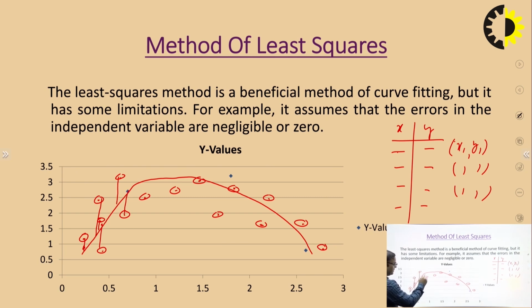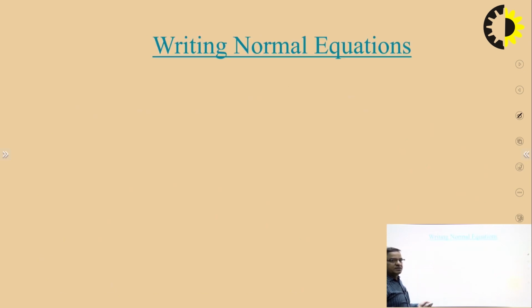We try to fit the curve so that the curve passes through the maximum points, or the distance of the curve from the points should be minimum. That's why we call this the method of least squares, because these errors can be negative and positive, so we take the square and then take the minimum of that.